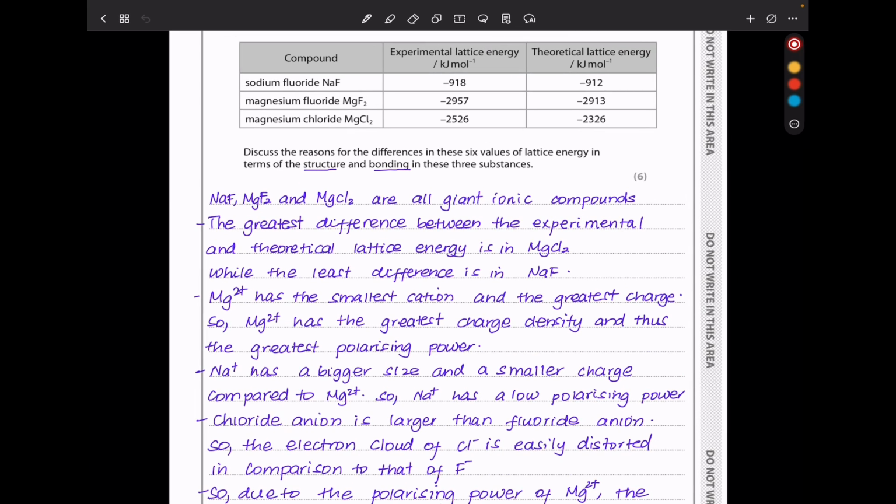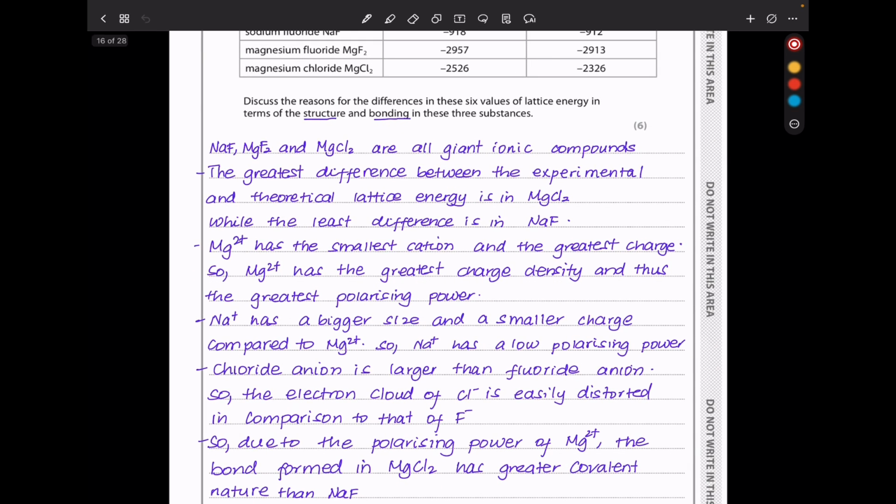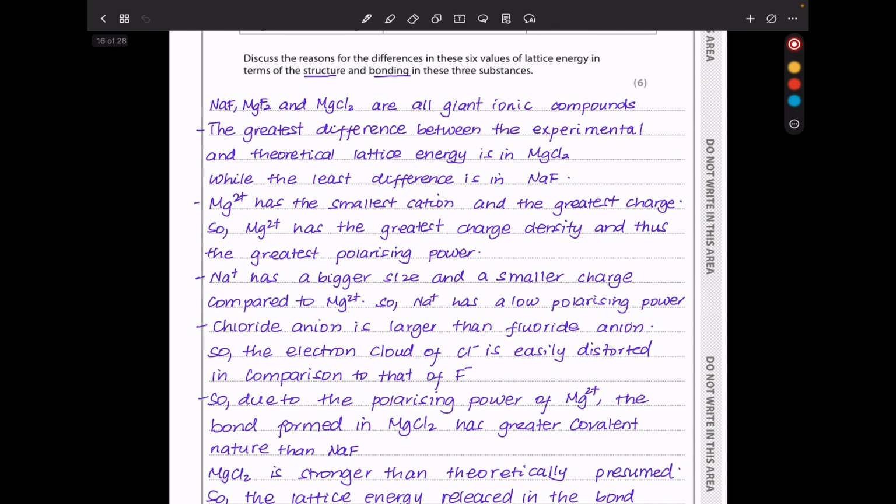So they say discuss the reasons for the differences in these 6 values of lattice energy in terms of the structure and bonding in the 3 substances. So we have sodium fluoride, magnesium fluoride, and MgCl2. These are all giant ionic compounds. The greatest difference between the experimental and theoretical lattice energy is in magnesium chloride, while the least difference is in sodium fluoride.